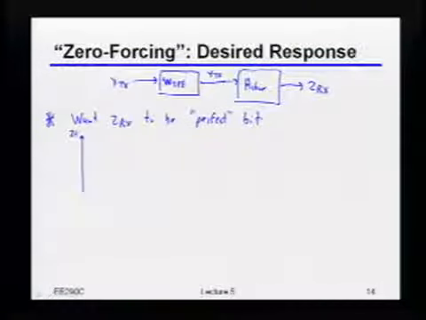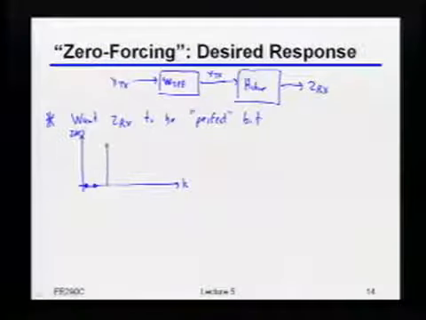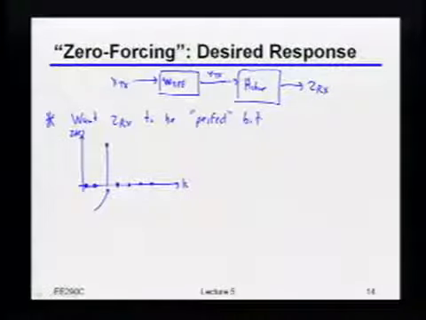If I look at my desired voltage at the receiver versus the sample number, where I transmitted a single bit at the transmitter, then I want at the receiver something that looks like that. In other words, it has that 1 bit that I sent in some position and 0 everywhere else. Okay? Now, this is where we get into the discussion about what you had asked about with the precursor.